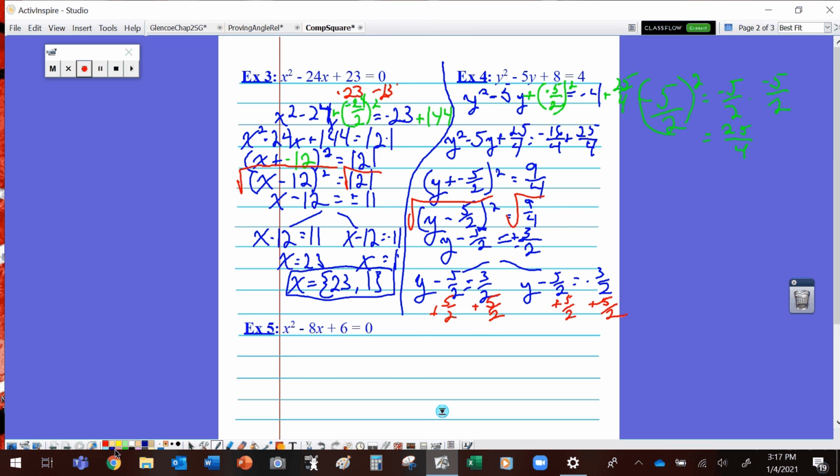Now y is all by itself. 3 halves plus 5 halves is 8 halves. Over here, y is all by itself. Negative 3 halves plus 5 halves is 2 halves. So y belongs to a set consisting of 8 over 2, which is just 4, and 2 over 2, which is just 1. And there we go.